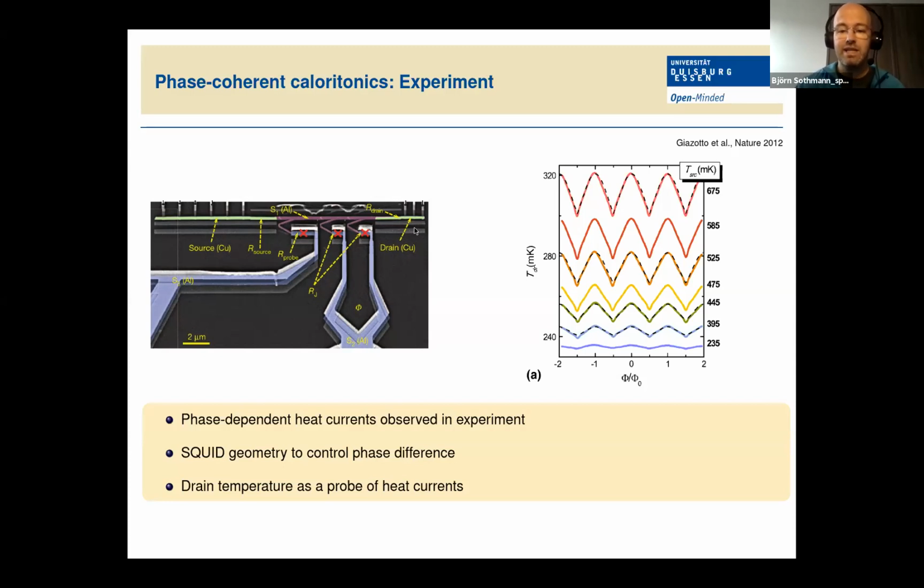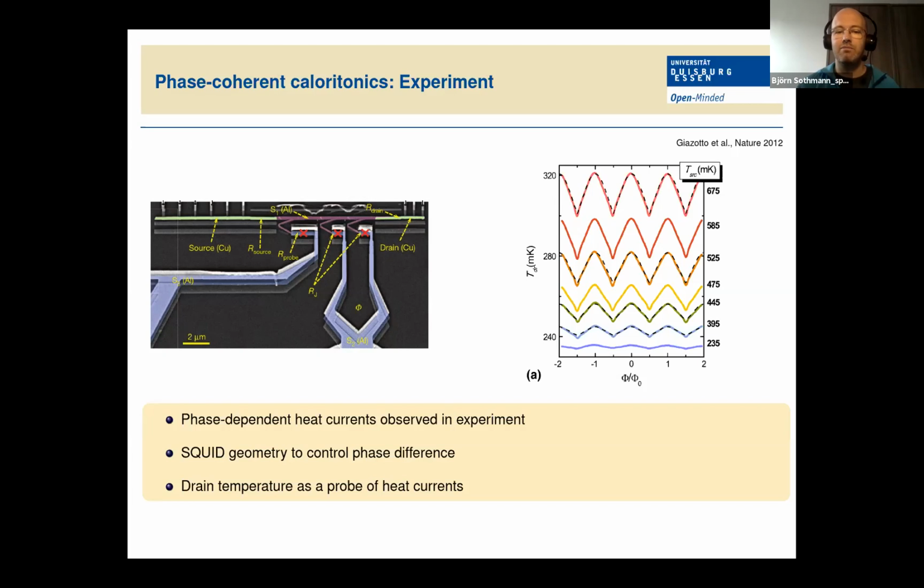And this is indeed what was observed in the experiment, as you can see here. So the different solid curves that you see are experimental results for different bath temperatures. And there is indeed this periodic modulation with the flux. You also see the dashed curves. This is basically the theory of Markey and Griffin without any fitting parameters, and there's just a perfect agreement between theory and experiment.